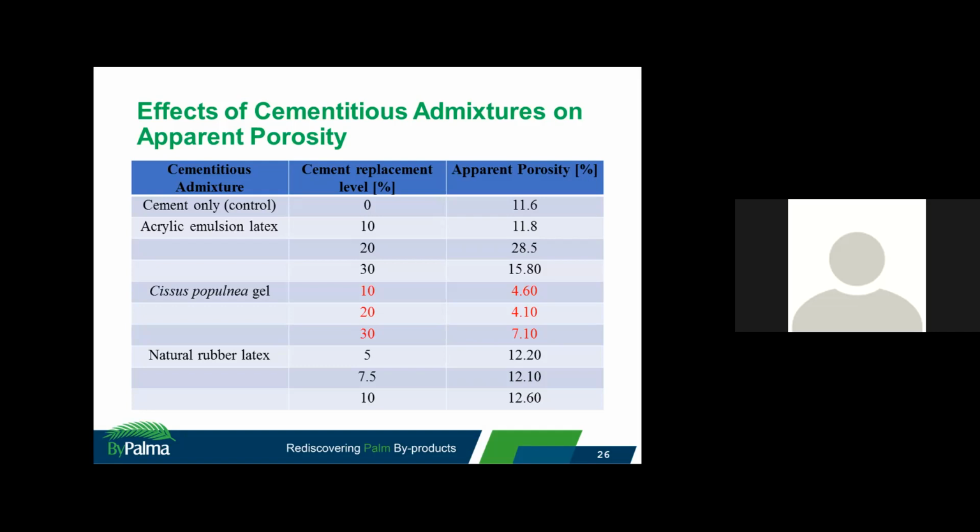Unfortunately, as at the time that we prepared this, we had issues with the scanning electron microscope, so we couldn't do that. But it's already ongoing to see what exactly contributed to the behavior of the Cissus populnea gel.